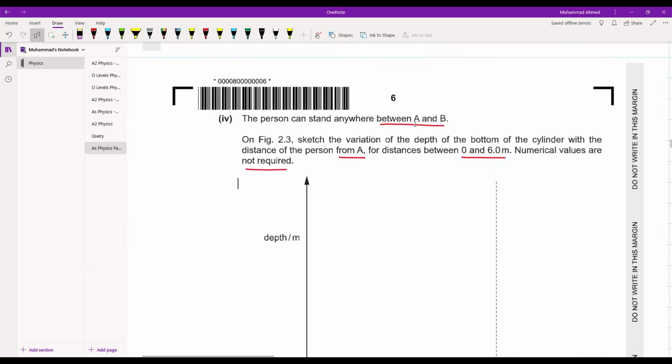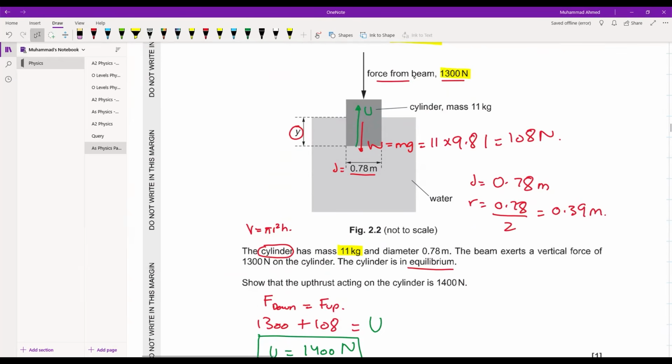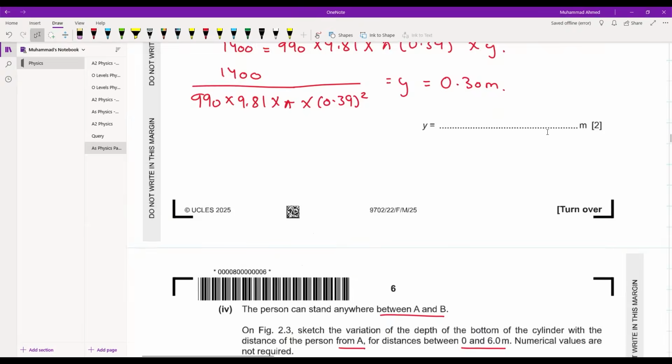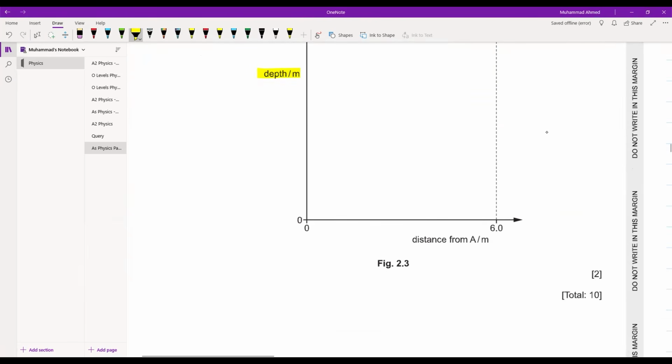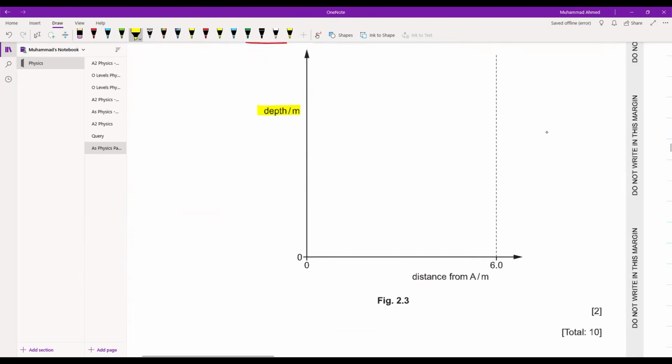So you have to tell how this depth y varies as the distance of the person from end A varies.